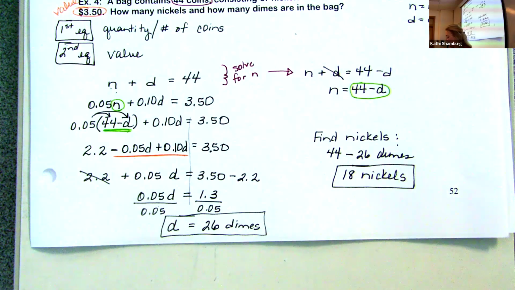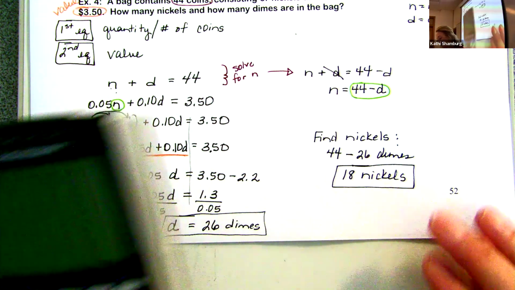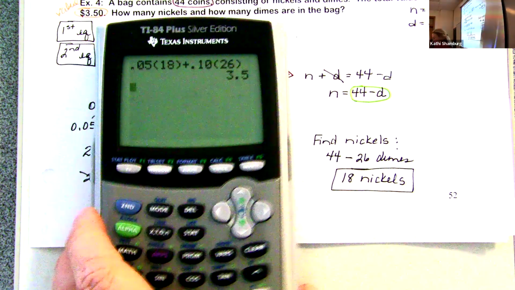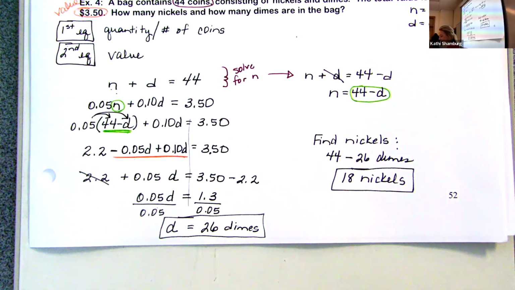And 26 plus 18 is 44. And then if I did 0.05 times, we have 18 of those, plus 0.10, we have 26 dimes, it should give me $3.50. And sure enough, it does. Okay. All right.